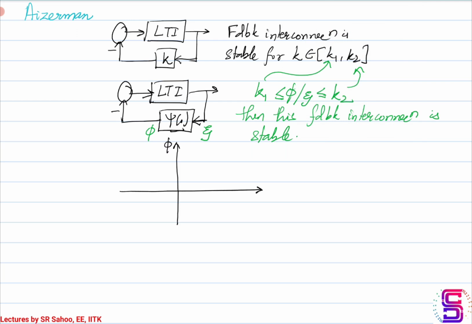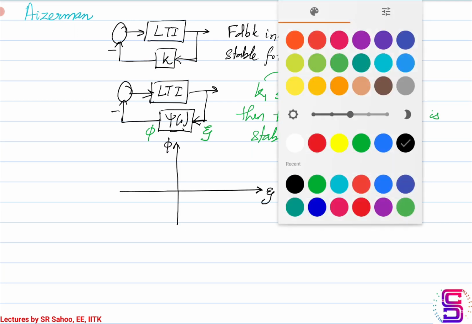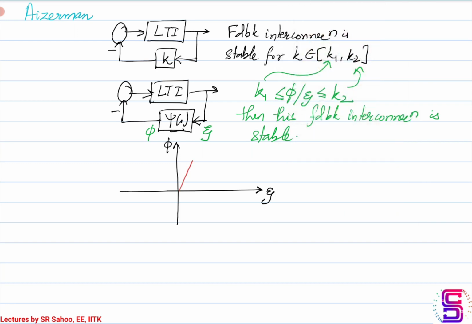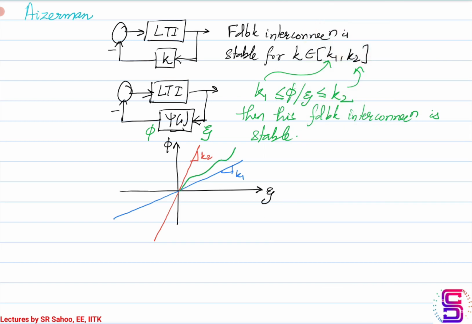Okay, so if this is phi, this is xi, and suppose this is your k2 and this is your k1, then if the nonlinearity is of this form, so this is psi.